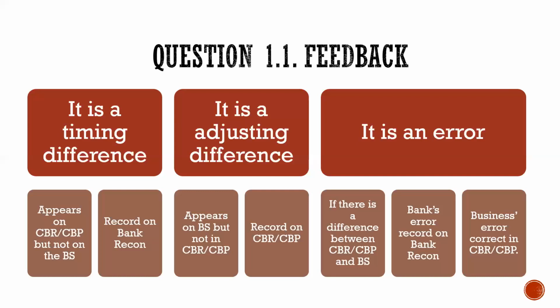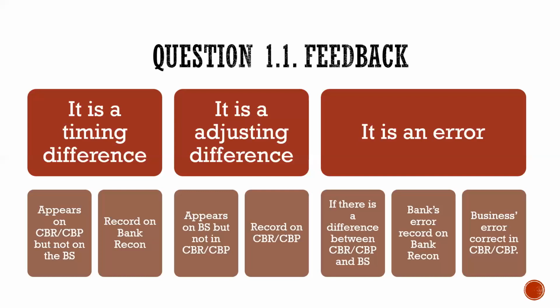But because that check did not clear the bank and I haven't physically received the money, to take it out of my bank account I will put it through the cash book payments to net off the cash book receipts I have already recorded. Then we net it off to zero. So that is the exception. With stale checks and dishonored checks, you record it in the opposite journal to where you recorded it initially.